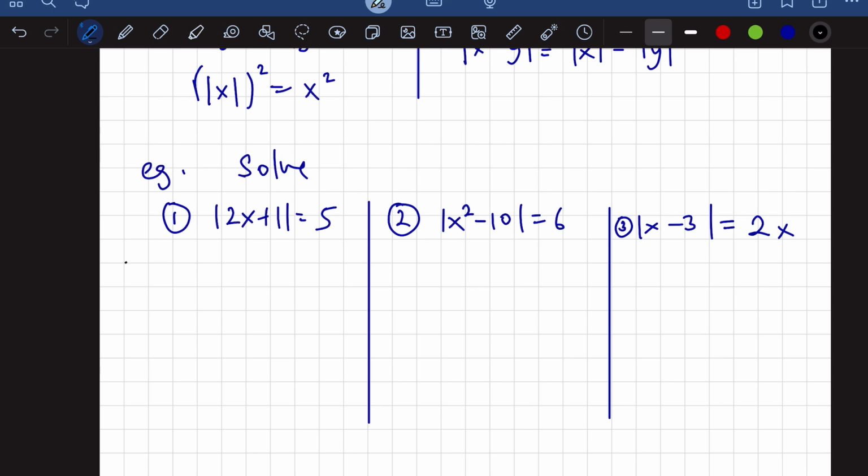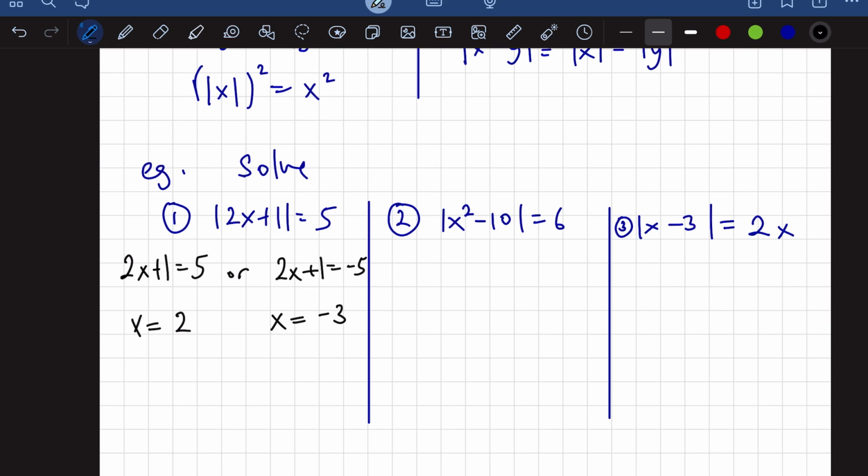So we can say 2x plus 1 equals 5, or otherwise 2x plus 1 equals negative 5. Both are very possible. From here we solve. So x will be equal to 4 divided by 2, so 2, and x will be equal to negative 3.